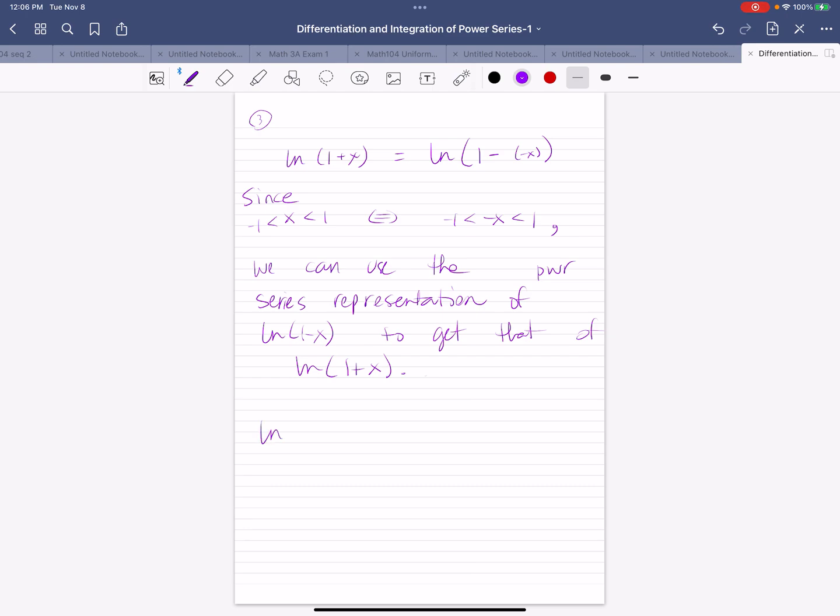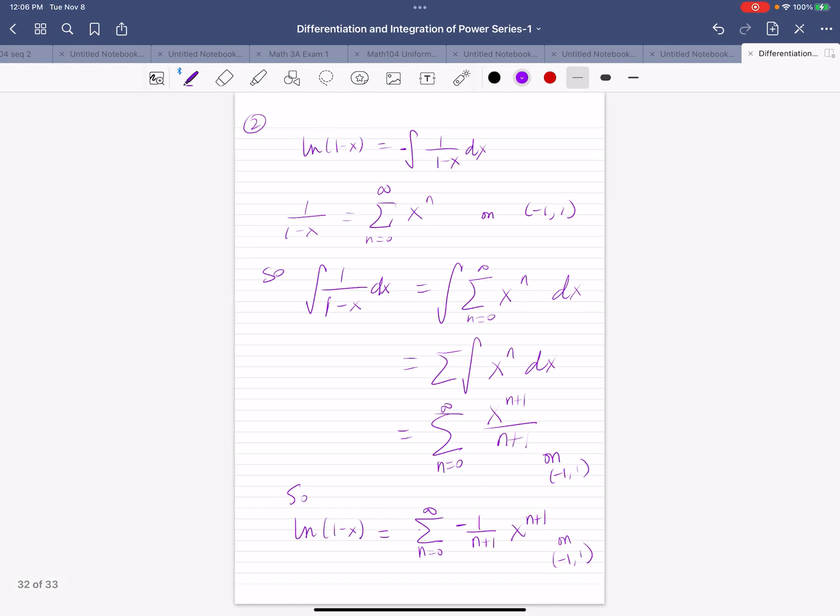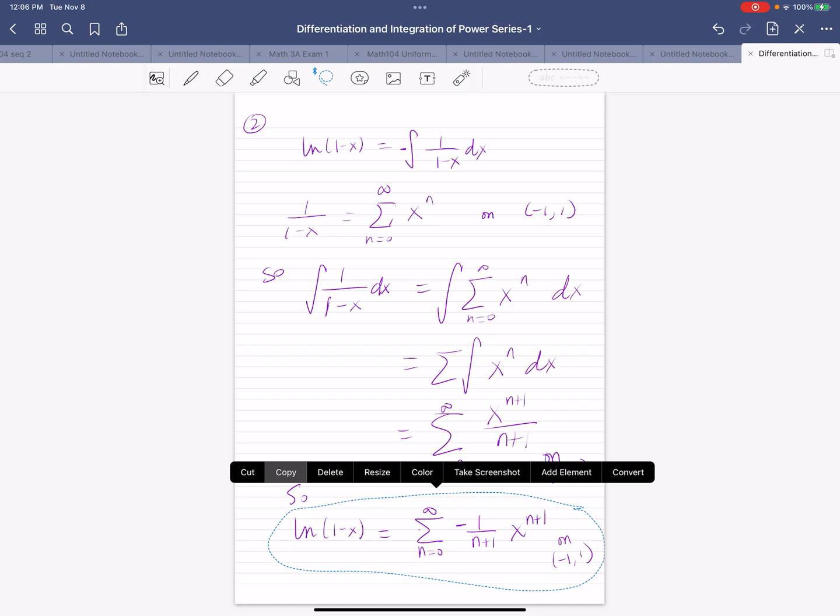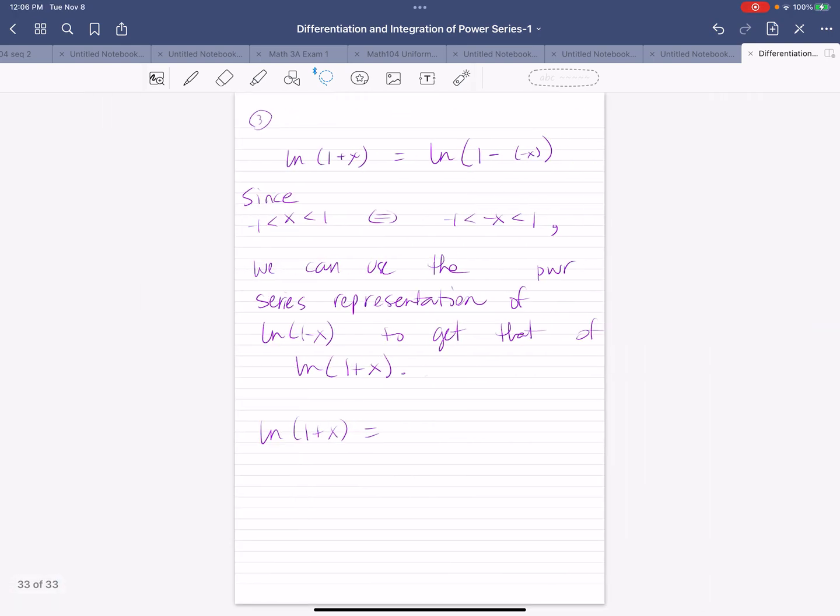So natural log of 1 plus x is going to be, all we have to do is replace x with negative x. So I will have negative 1 times negative 1 to the n plus 1, x to the n plus 1.